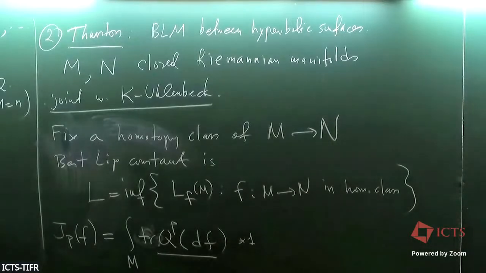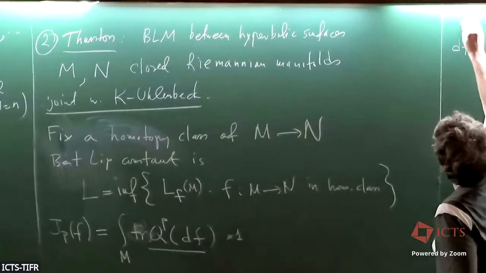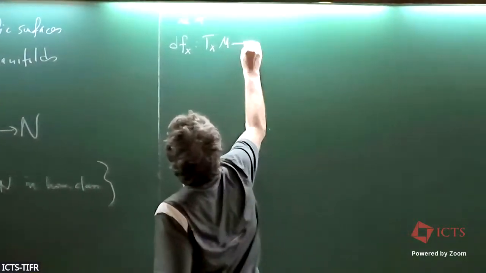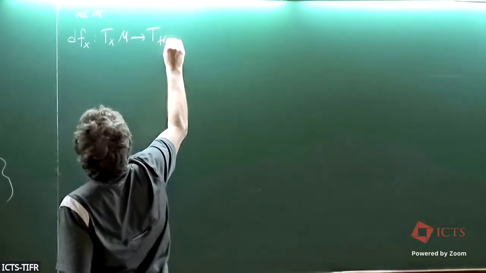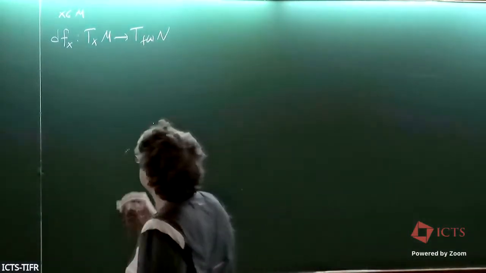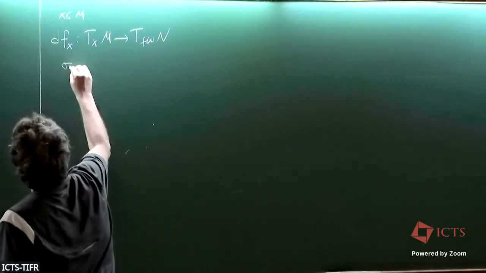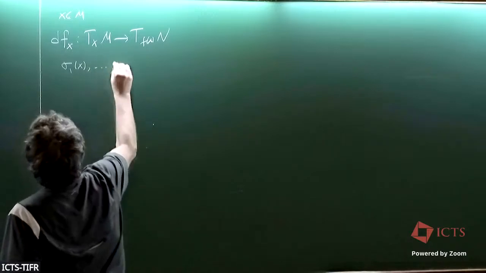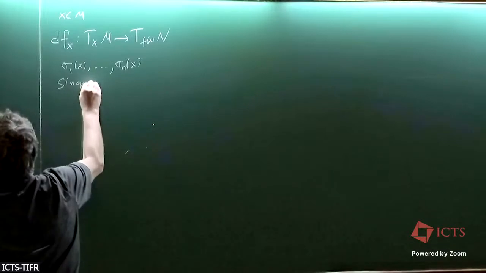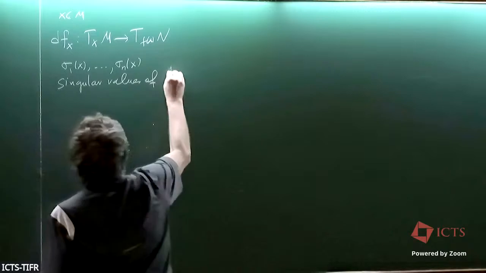One way to see this is that we have this df: if you take a point x in M, you have the differential going from T_x M to T_f(x) N, and then you can take sigma 1 of x through sigma n of x, the singular values of the matrix df of x.